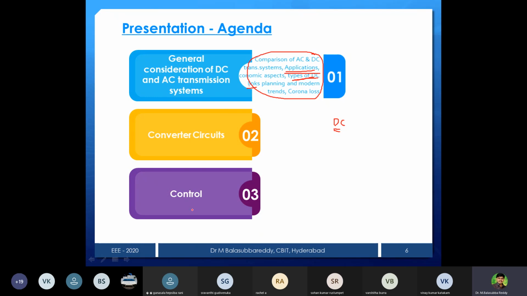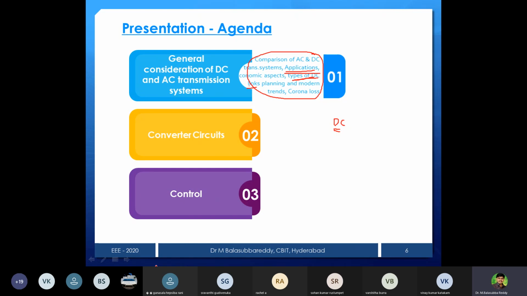And monopolar link is nothing but only one conductor. I mentioned that preferably for DC, 2 conductors are required for the transmission, what you call positive and negative. But in some cases one conductor is also sufficient to transmit, that is a monopolar link, positive or negative.